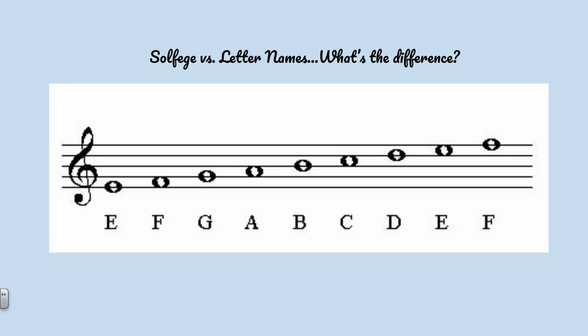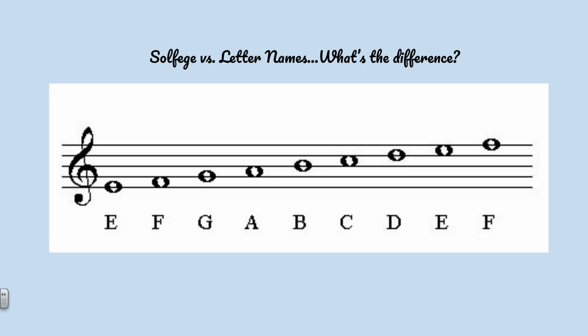So you might be wondering what the difference is between the letter names of the staff and our solfege letters. The biggest difference is that the letter names on a staff, treble or bass clef, will never change. If you're reading a treble clef staff, the first line from the bottom will always be called E, no matter what. The first space will always be F, the second line G, and so on.